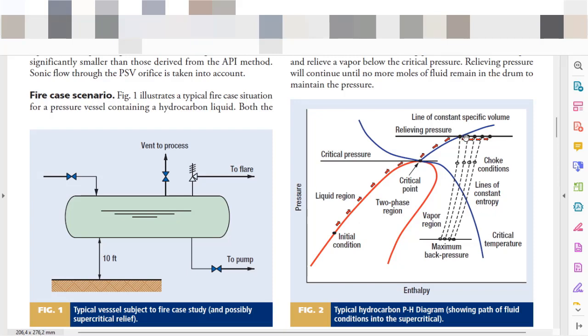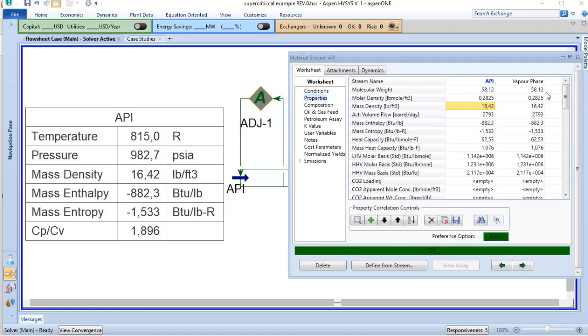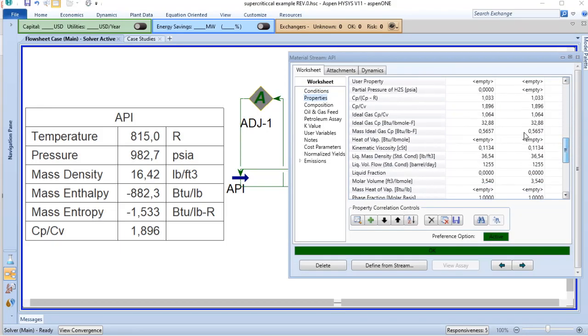So to do that, let's go to Aspen Hysys. Here I have my stream set according to the information of the paper in terms of temperature and pressure. With this information, I can go to properties and look for the CP/CV, that is here and also in the table here to make my life easier.